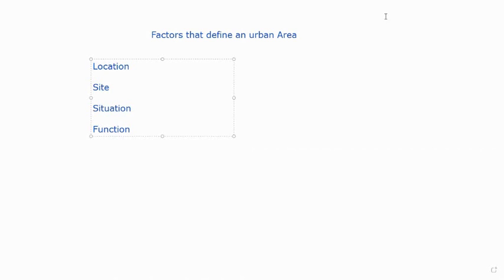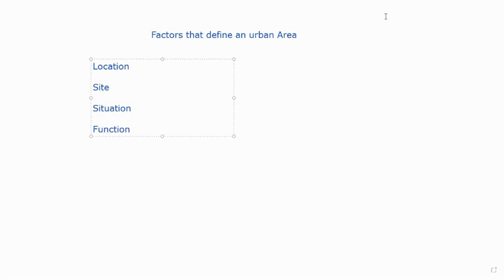Then next is situation. So situation factor is a human factor. When we were doing the location and site, we were considering more physical and natural factors.